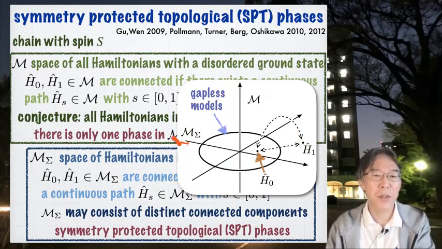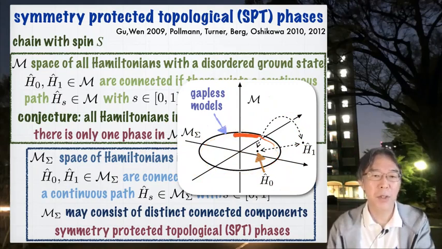Next, suppose that this two-dimensional plane is M_σ, the space of Hamiltonians with a certain symmetry. In this case, you cannot go from H0 to H1 within this plane, because here is a circle of gapless models.